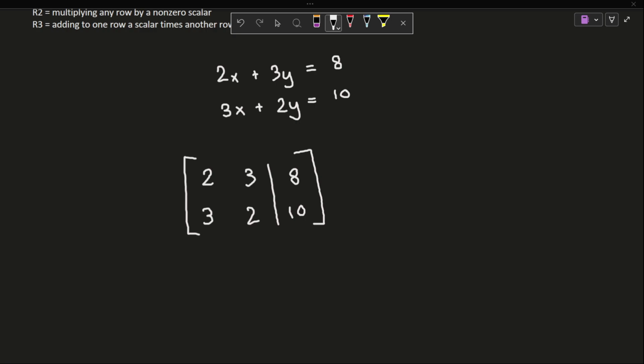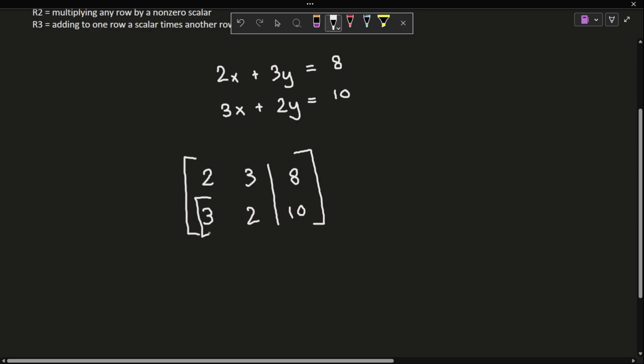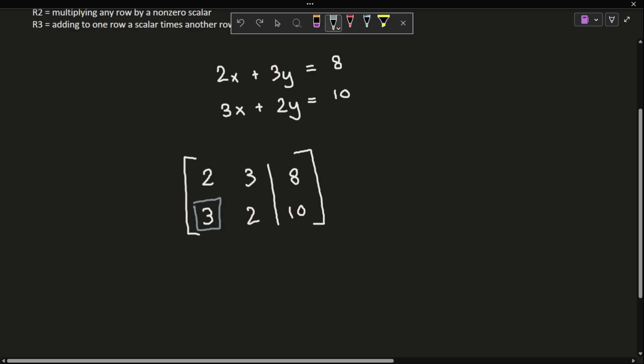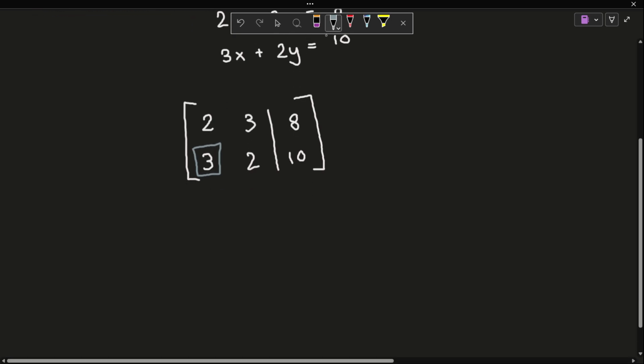So we need to get rid of this 3 here, basically, for row-reduced form, because we've learned that everything under this 2 needs to become a 0 in row-reduced form. So what scalar or what row operation can we use? I'm going to give you a moment to think about it, and then I'll go into it myself.